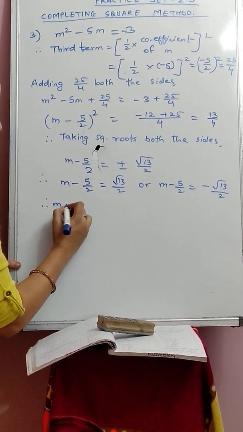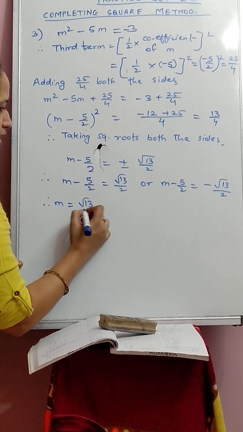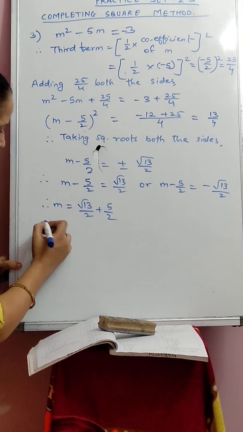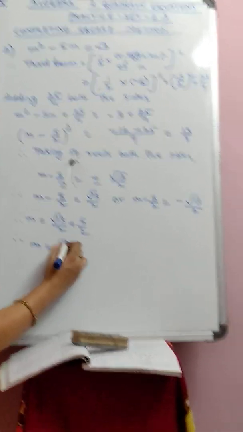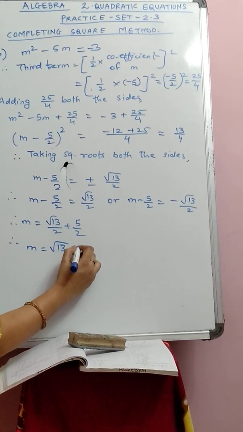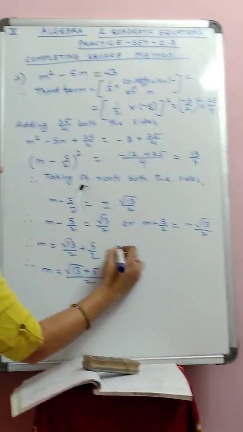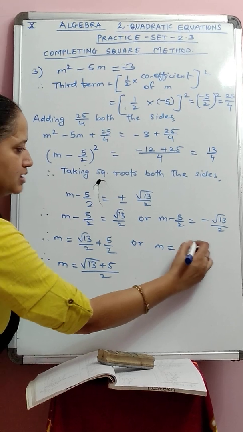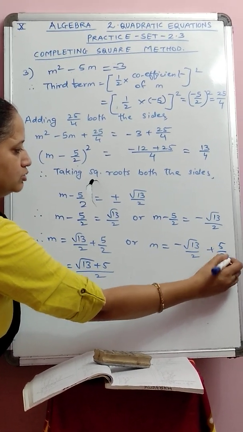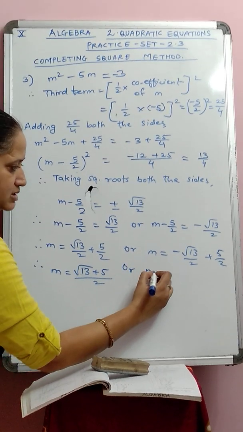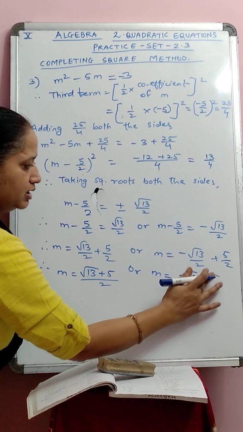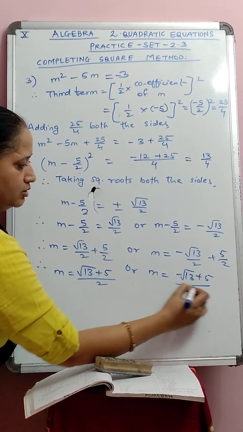Therefore, m is equal to root 13 upon 2 plus 5 upon 2. This minus will become plus. Then m is equal to root 13 plus 5 upon 2, or m is equal to minus root 13 plus 5 upon 2.